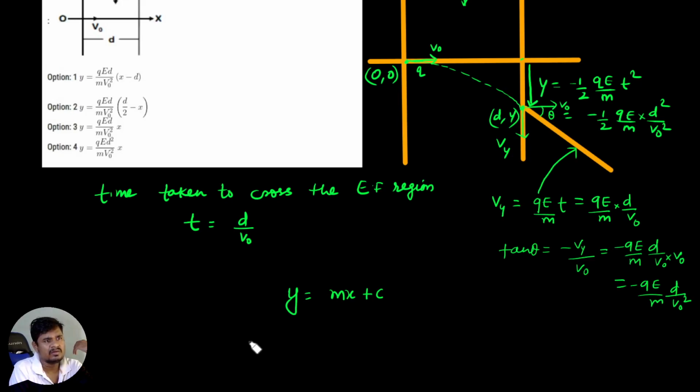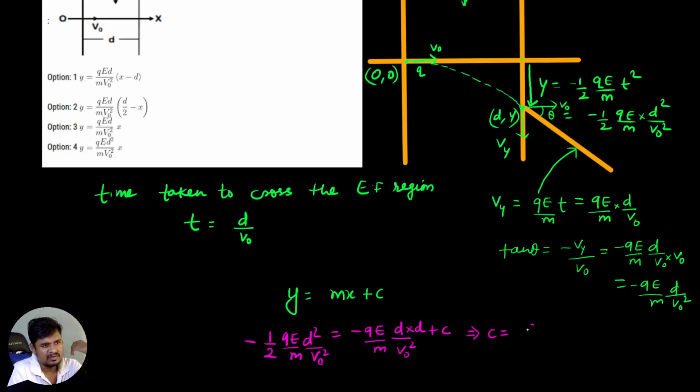So y is minus half qE by m d square by v0 square, equals m, that is again minus qE by m d by v0 square, into d plus c. So we get c equals qE by m d square by 2 v0 square.